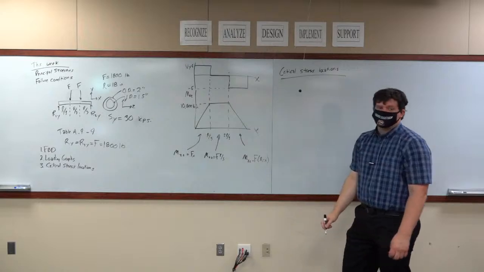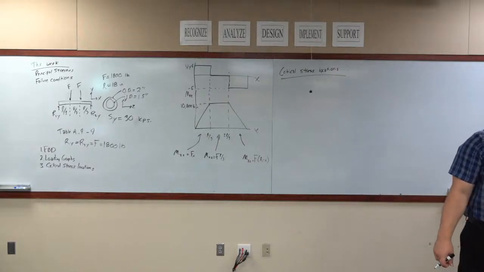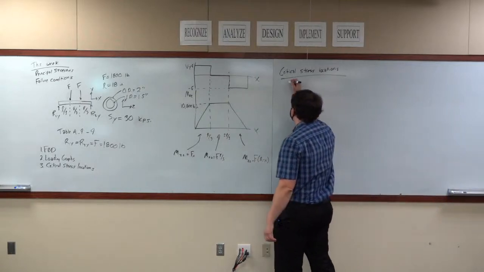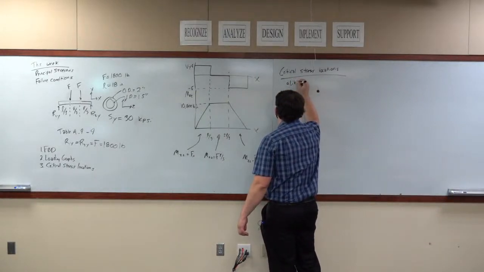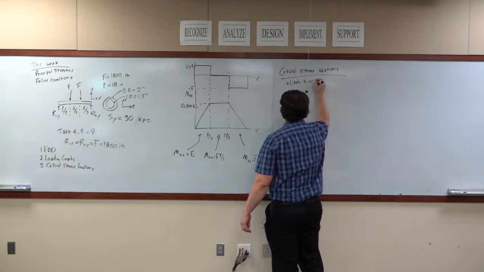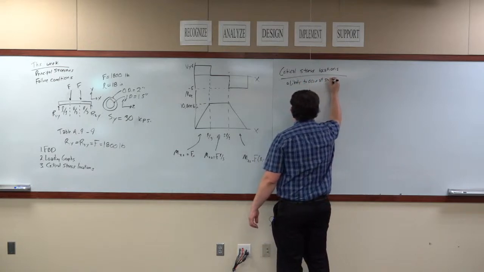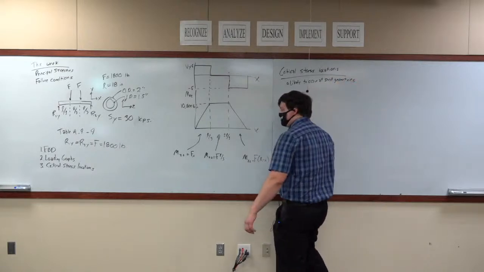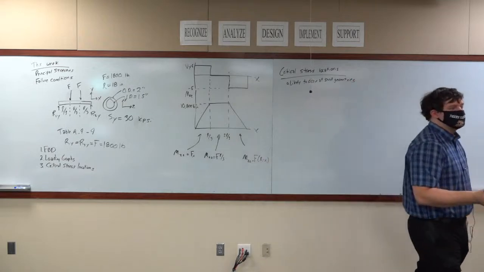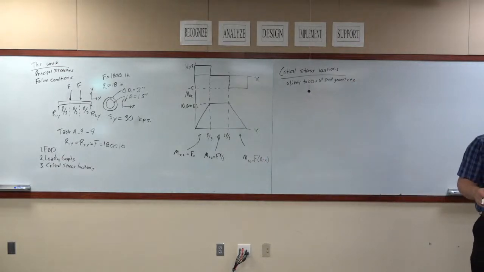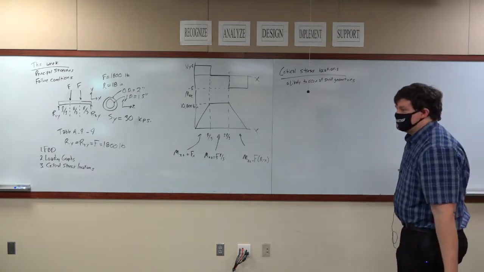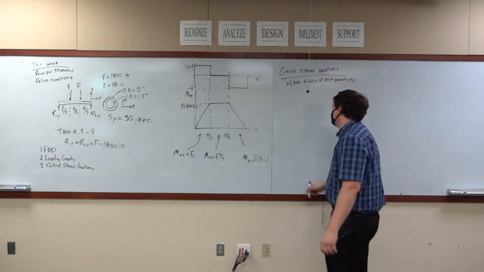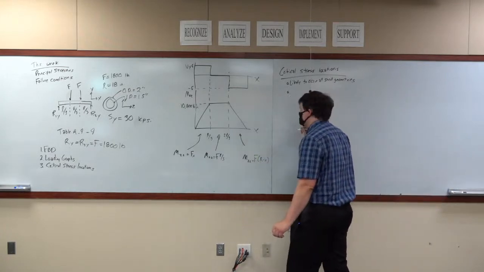Okay? Critical stresses are likely to occur at really small geometries. So if your area shrinks for some reason, that's what's going to happen. Anytime you have a change in geometry, such as a curve or a hole or a slot, you're likely to see a critical stress.